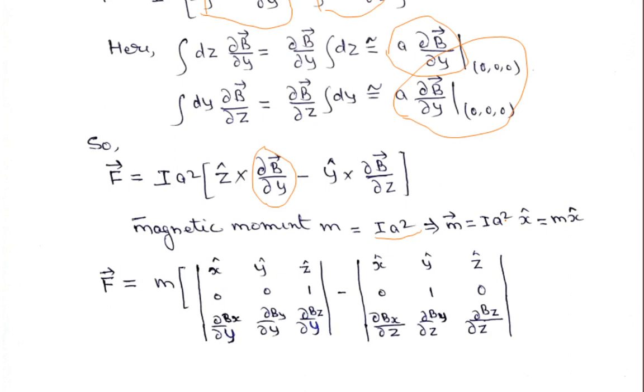Obviously the area vector will be along the x unit vector direction. That means the magnetic dipole moment will be along the x unit vector, so m vector is equal to I a squared x unit vector, or m x unit vector.